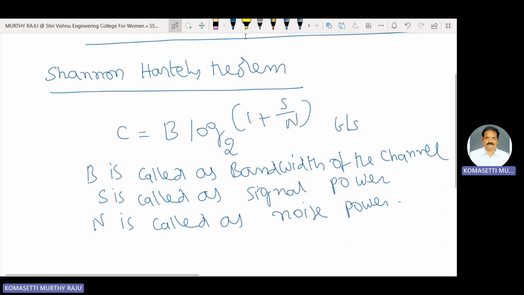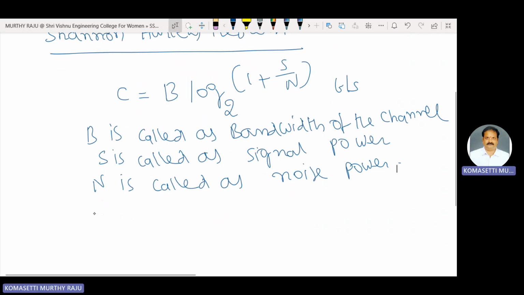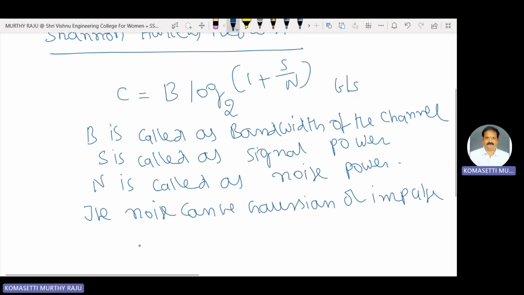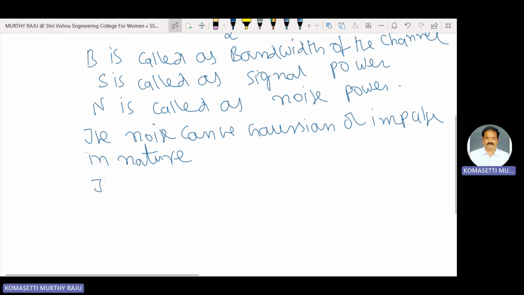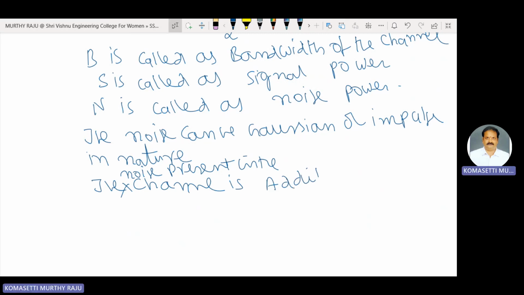Generally, the noise present in the channel is additive white Gaussian noise.